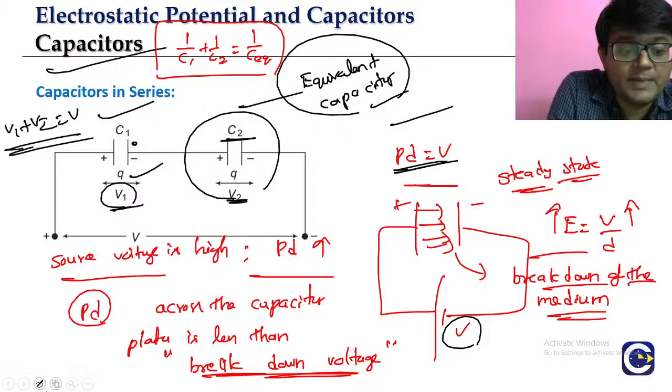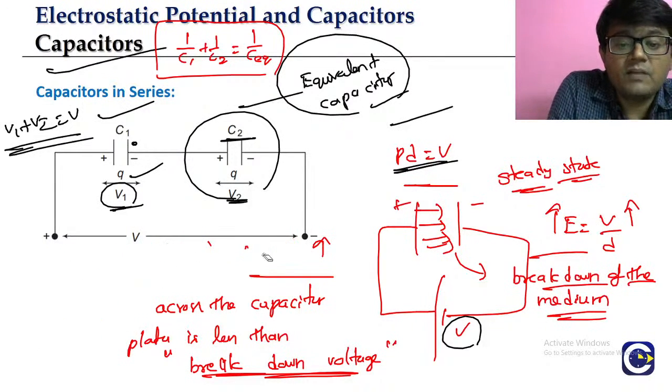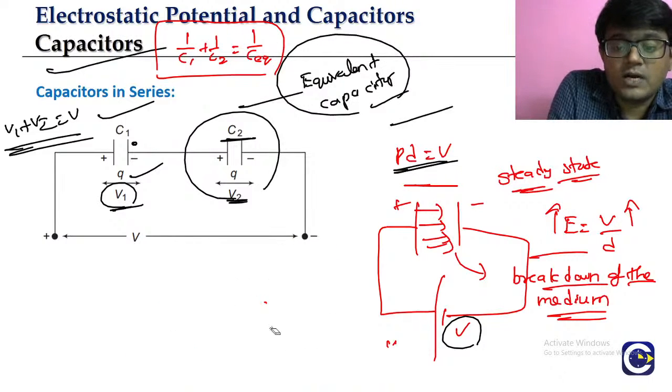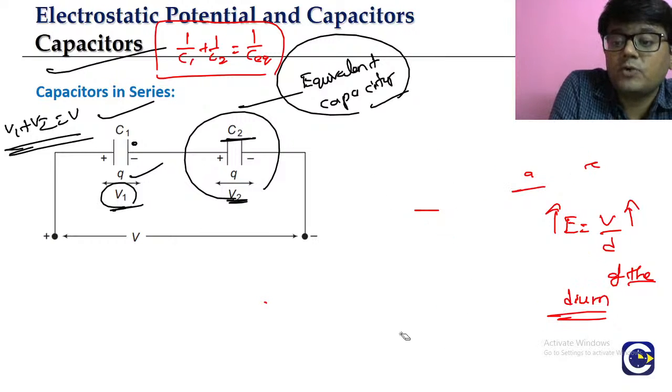If you have three capacitors in series, V1 plus V2 plus V3 is equal to V. With four capacitors, V1 plus V2 plus V3 plus V4 is equal to V.